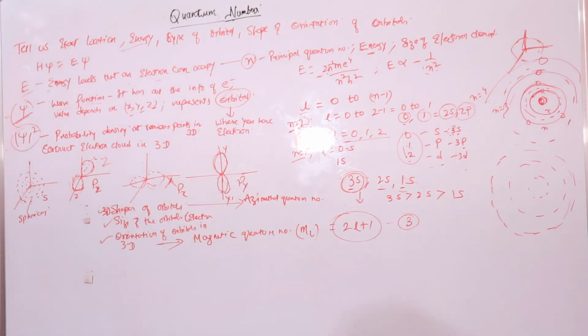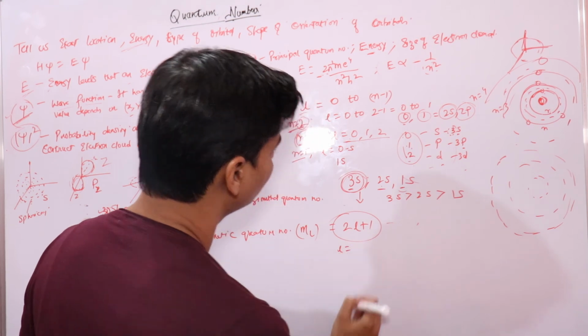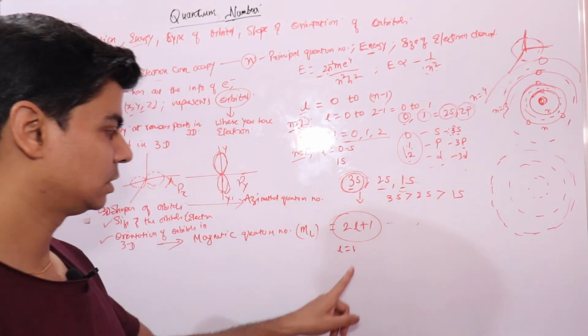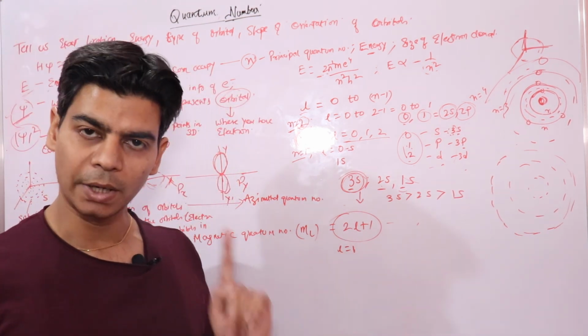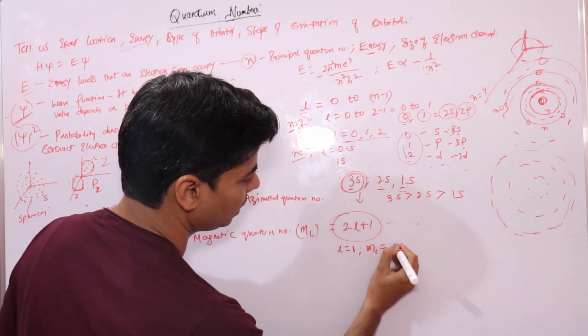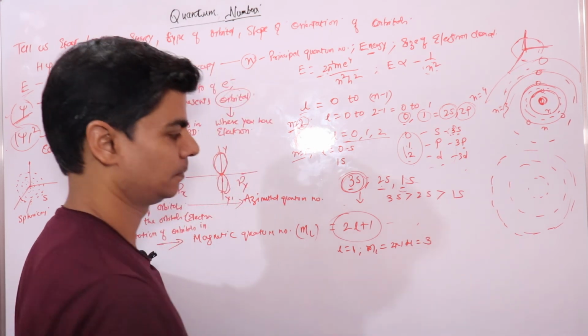Because if the value of l is equal to 1, we have the number of ml values as 2 into 1 plus 1 equals 3, right?